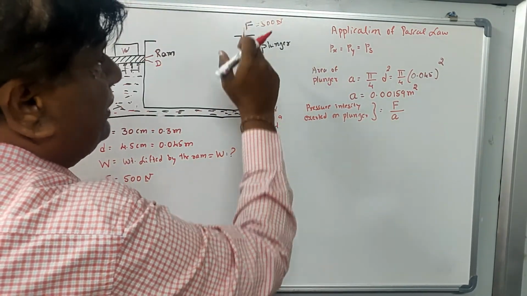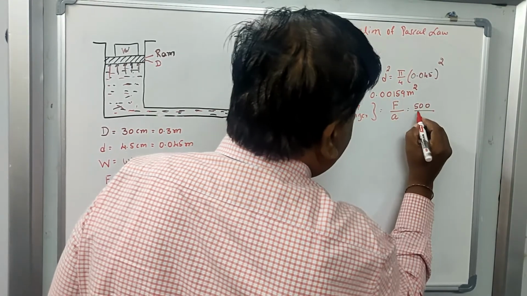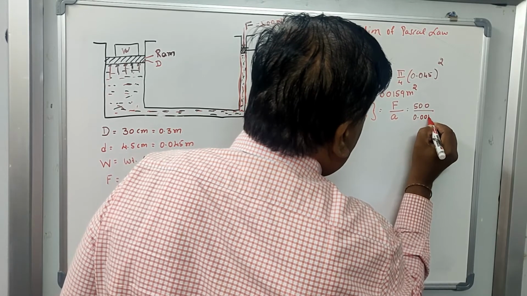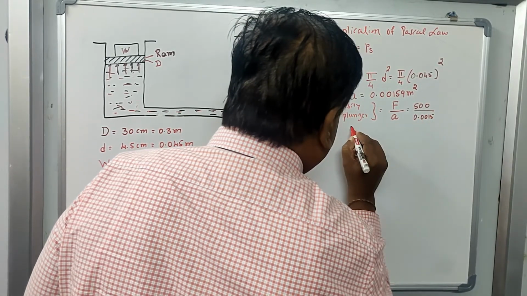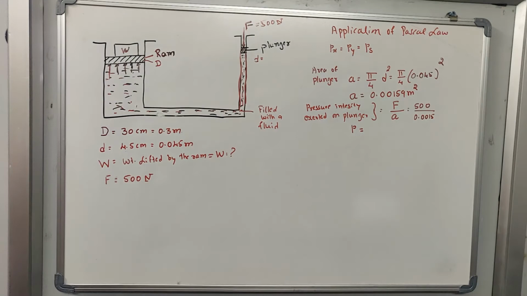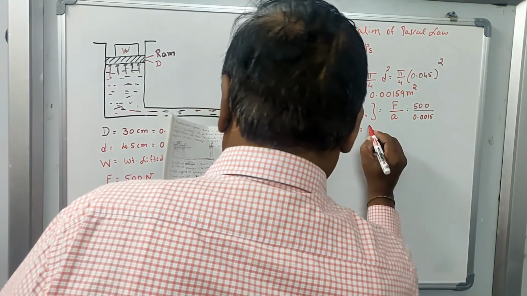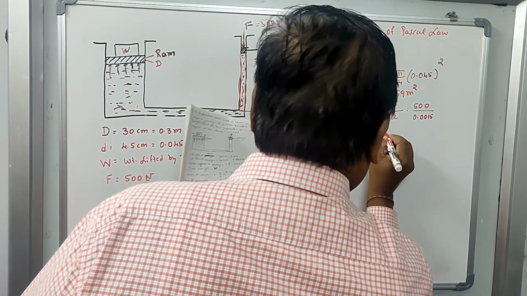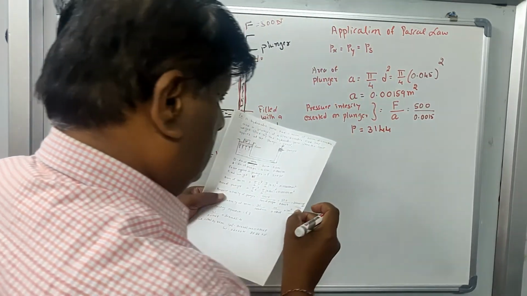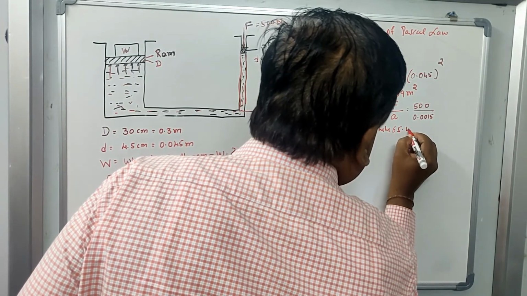The force applied at the plunger is 500 Newton and the area is 0.00159, so the pressure intensity P is 500 divided by 0.00159, which gives 3145.4 Newton per meter square.